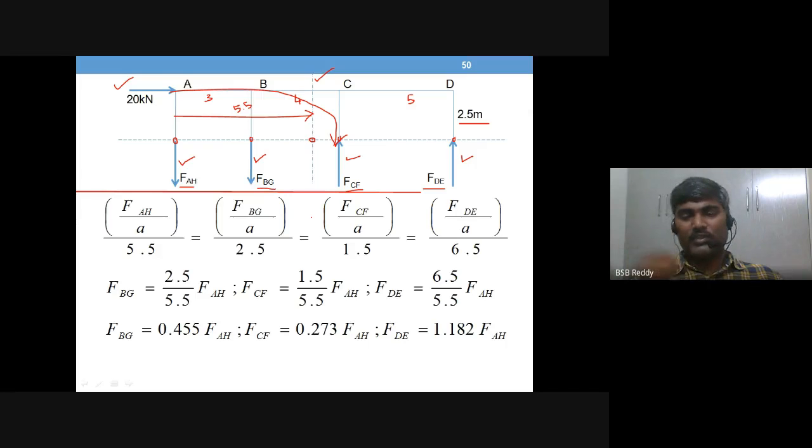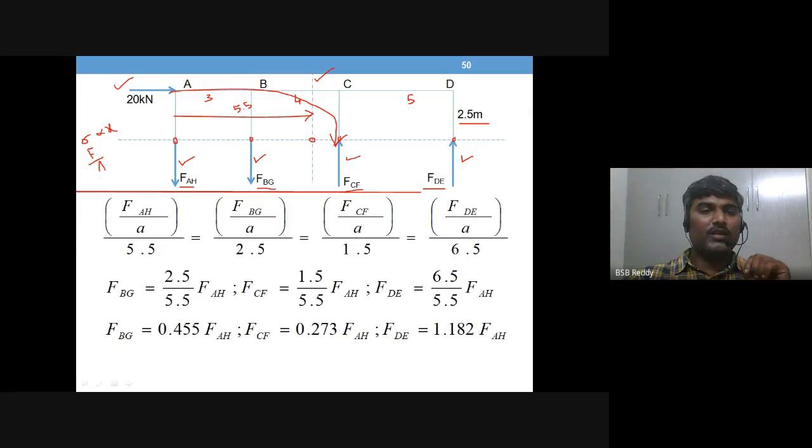Now you take the assumption. Notations as it is: FAH is the axial force, FBG, FCF, FDE. Right, so what is the assumption? Sigma is proportional to x. Got it? It's simple. Axial stress is proportional to the distance. Okay, so now just elaborate.